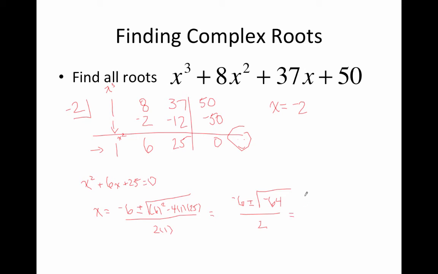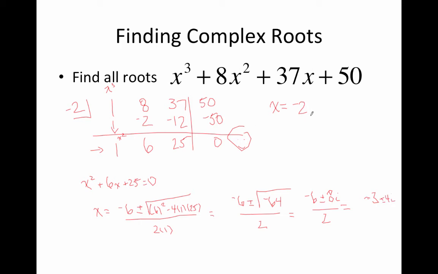But since it's negative 64, it's going to be 8i. And again, notice that the 6, 8, and 2 can all be reduced. And so we can now have negative 3 plus or minus 4i as our other two roots.